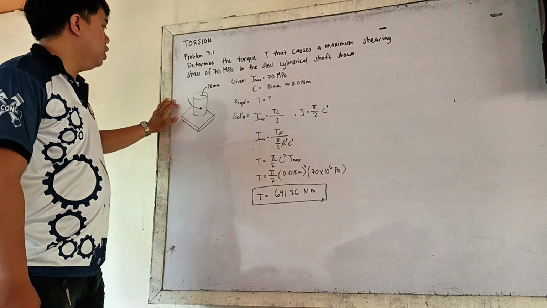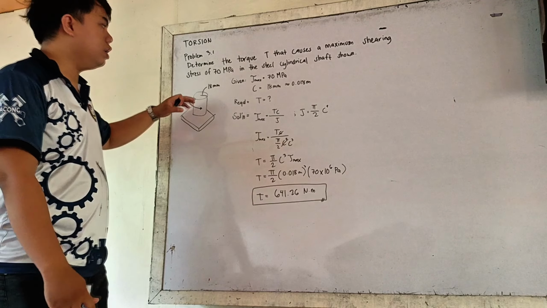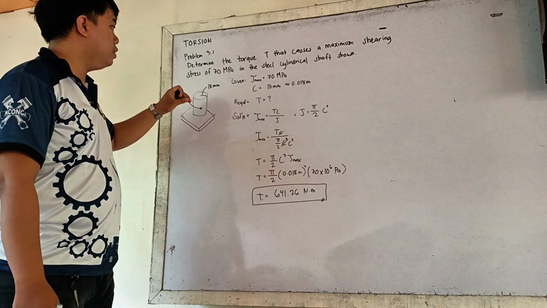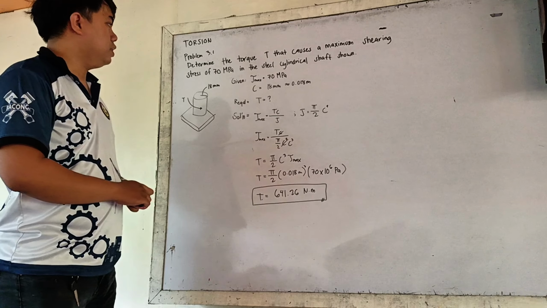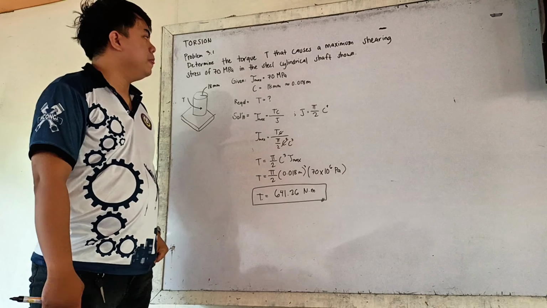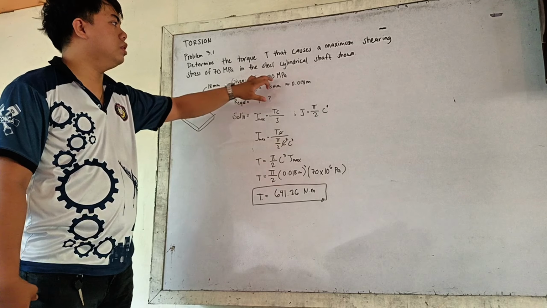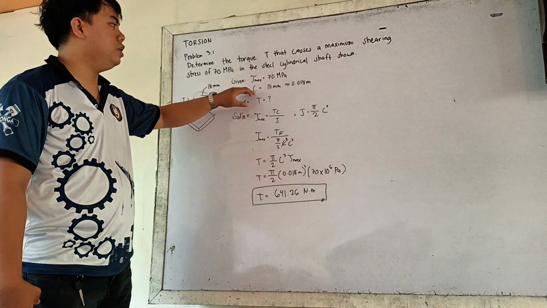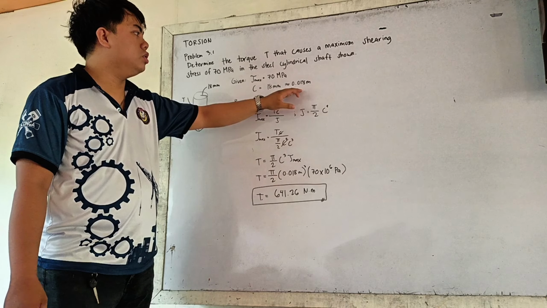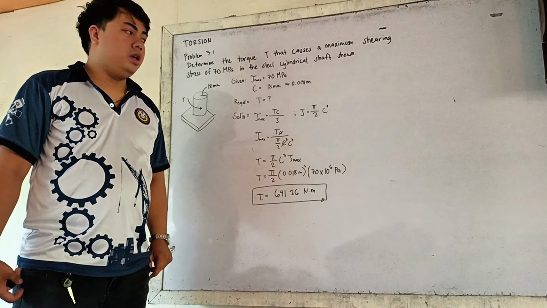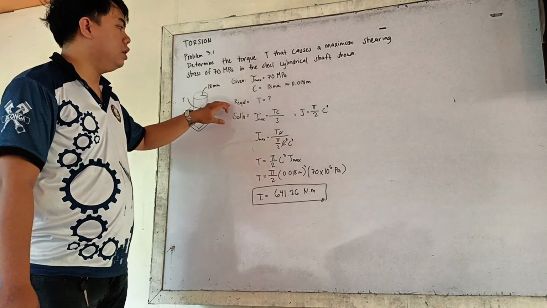As you can see, our T is going clockwise, and we have our 18 millimeter C. So we are given a maximum shearing stress of 70 MPa, and C is equal to 18 mm or 0.018 meters. So we are required to solve for the T.